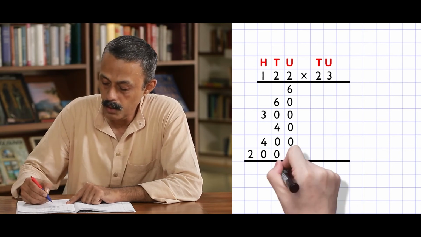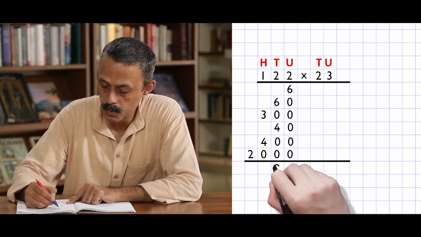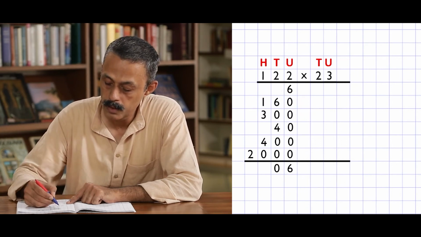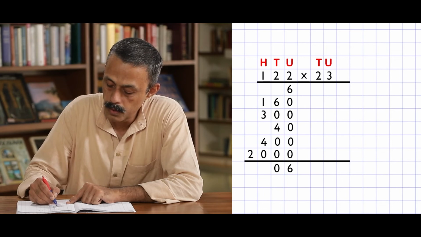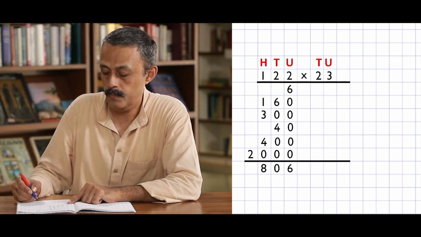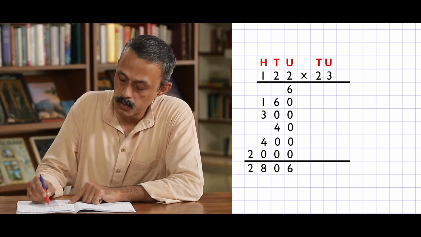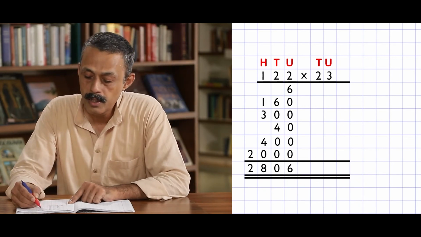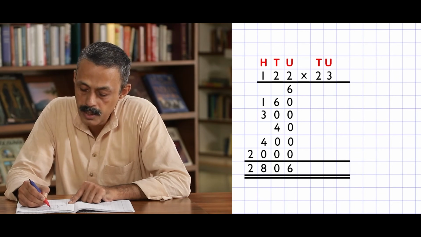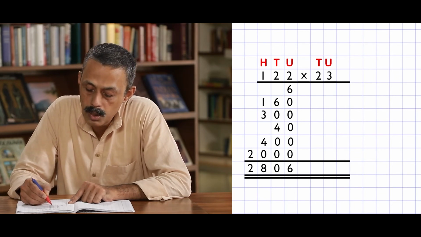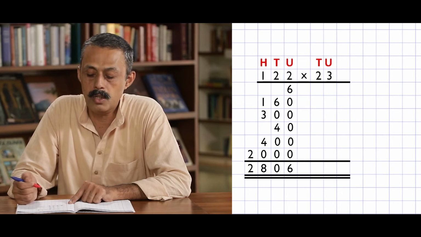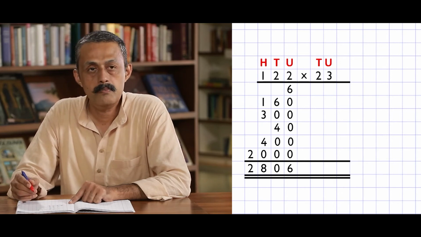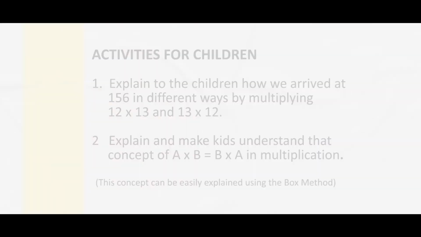Let us add it and see. 6 and 4 is 10. 1 we carry over. 3, 4 and 8. 2. This is the answer. What we see here is, when we multiply from a tens position, the 0 comes here, and when we multiply from the 100th position, the 0 comes here. So this is multiplication in the abstract form.